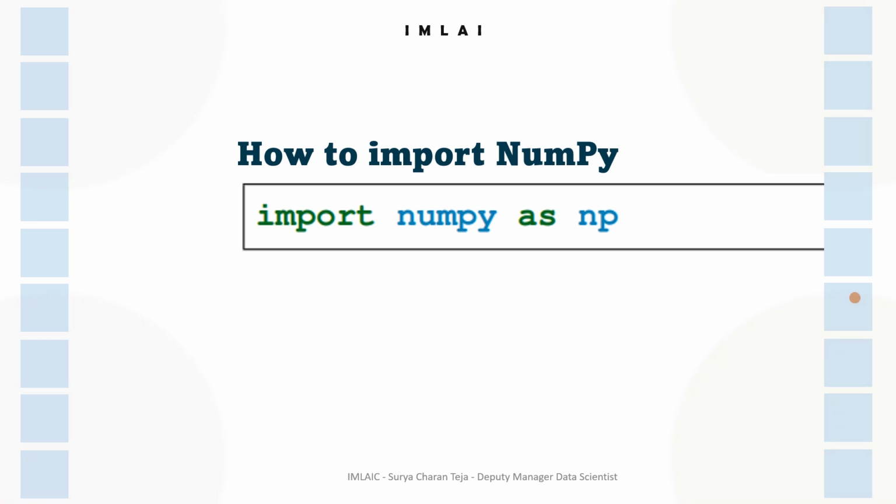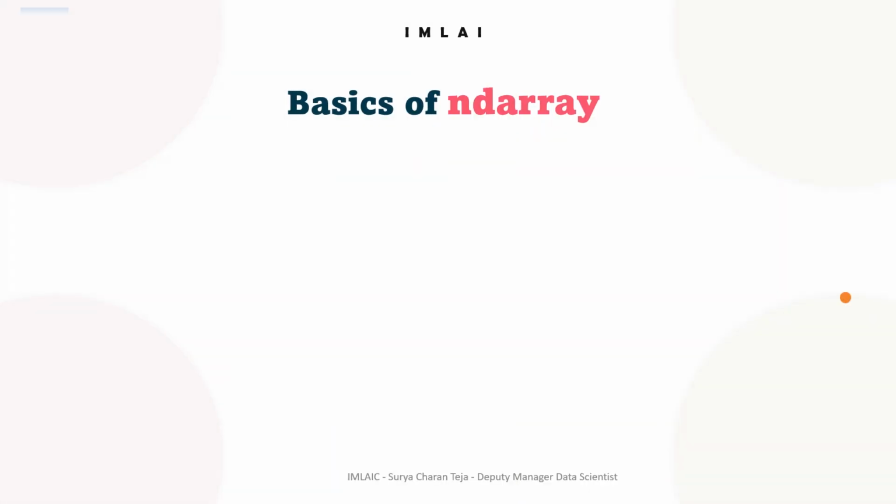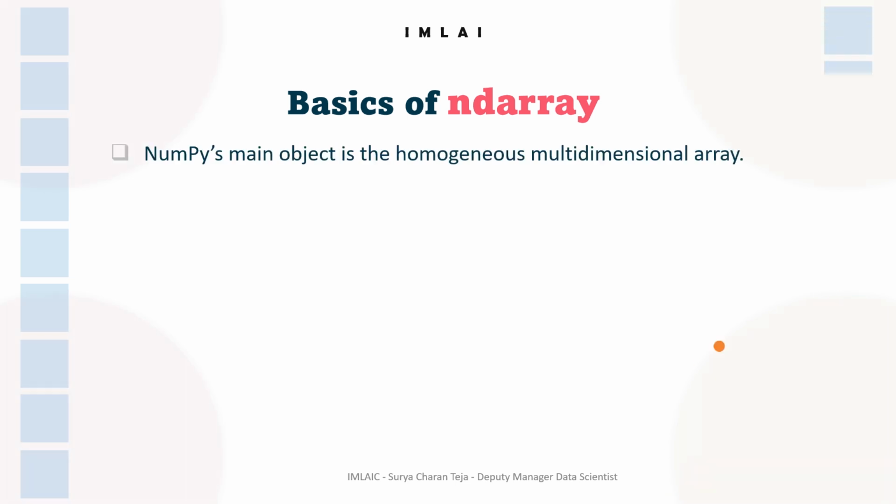So now let's understand the basics of array and what is an array and some information about the array. NumPy's main object is the homogeneous multi-dimensional array. So what is that multi-dimensional array? What does it consist of?